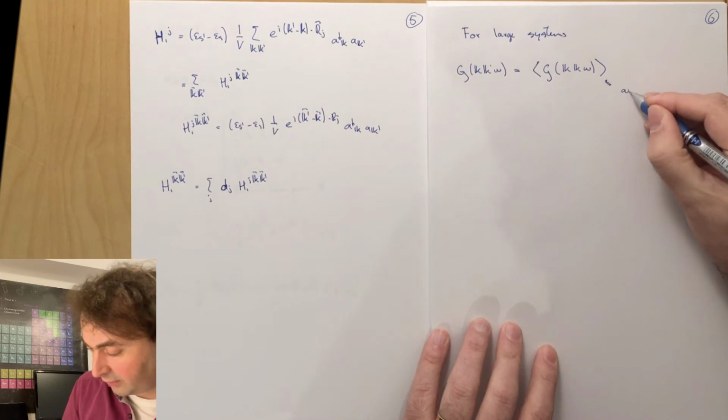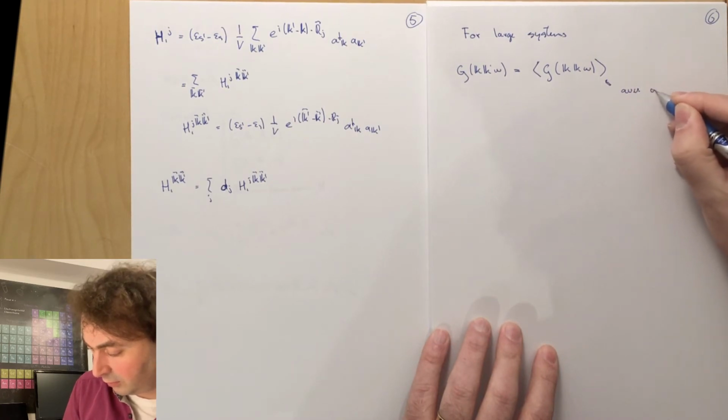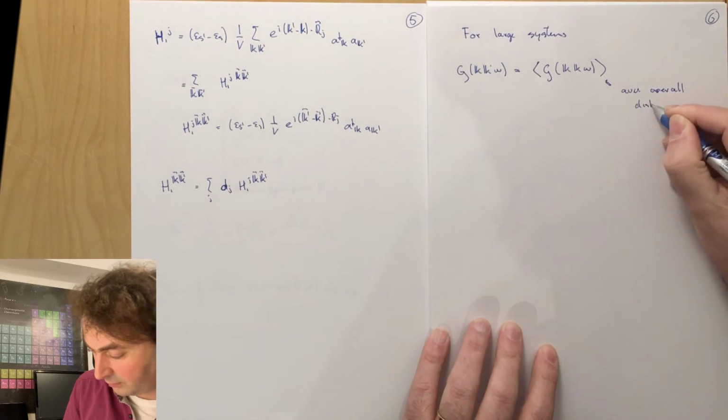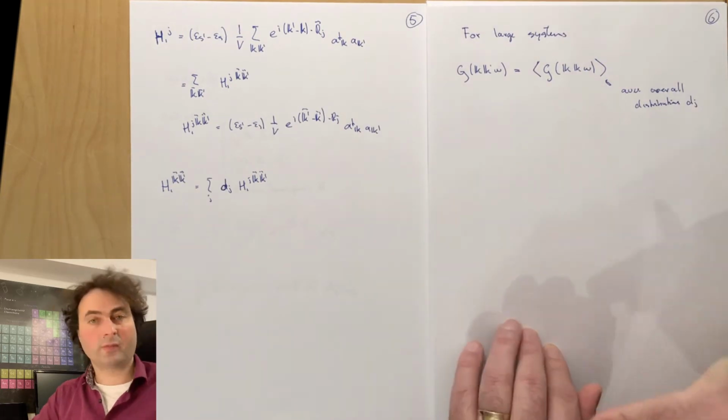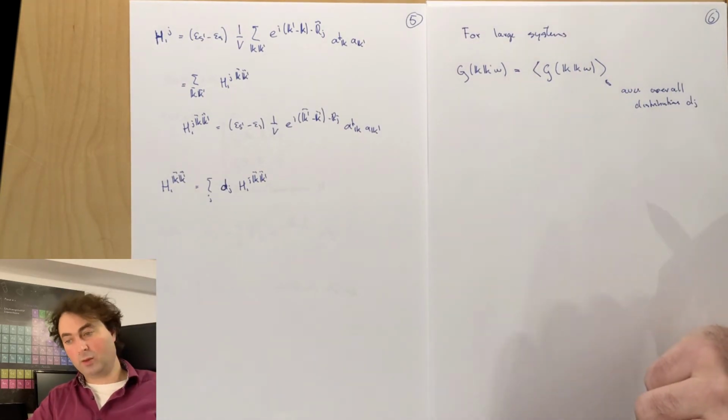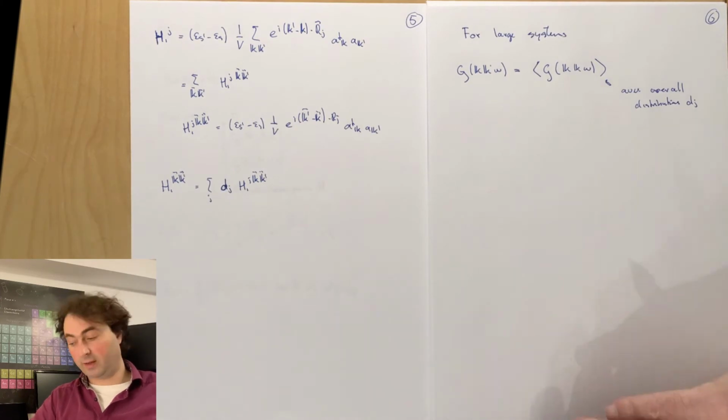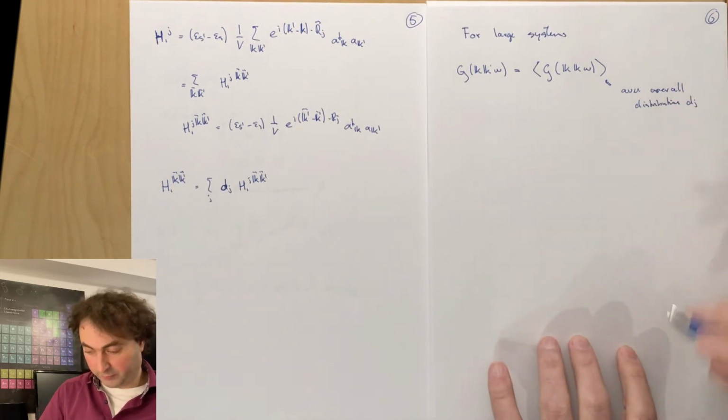So this is the average over all distributions Gj. And of course you have a chance of p to have an impurity or not on each site. So that of course you have to fulfill.